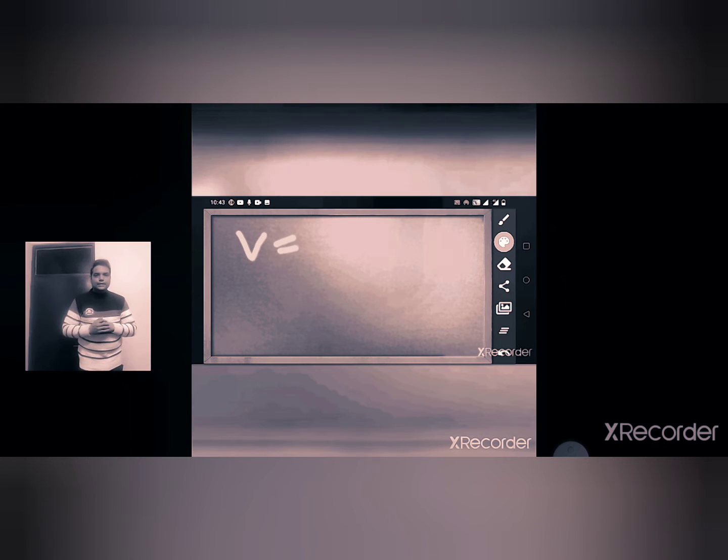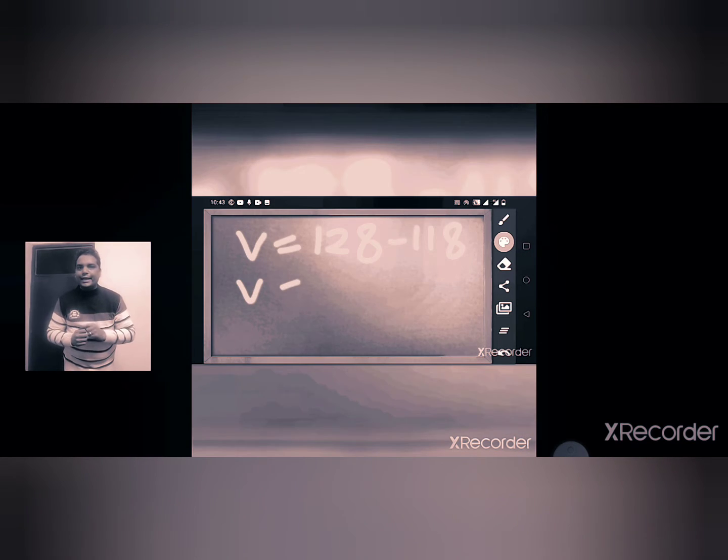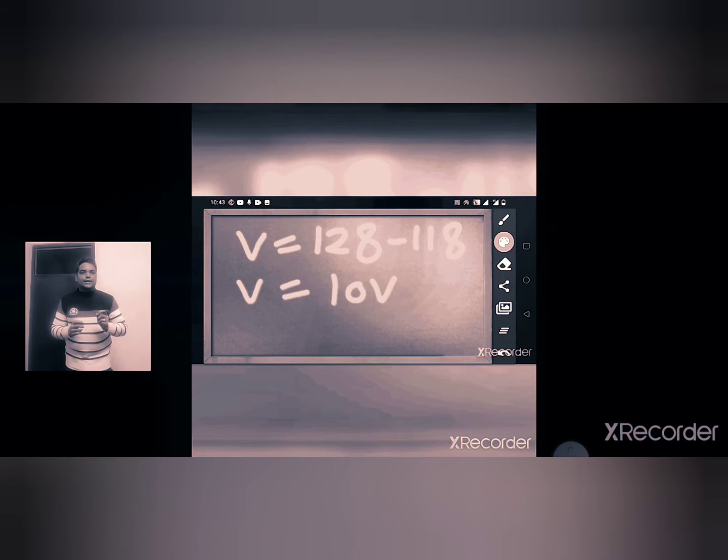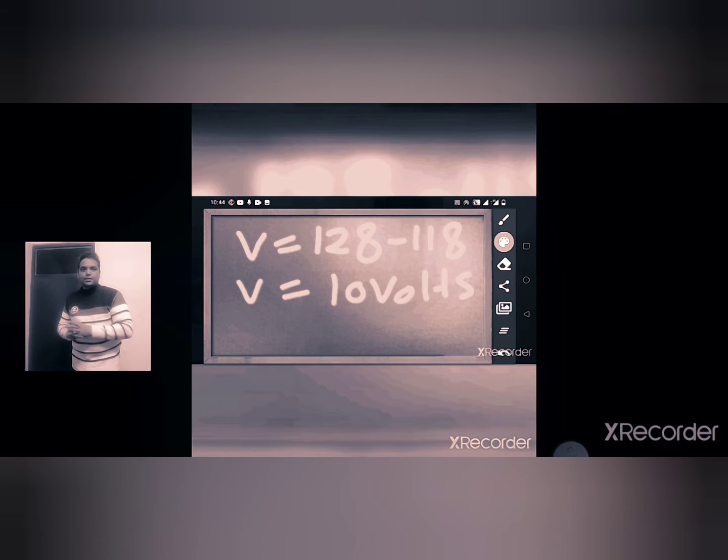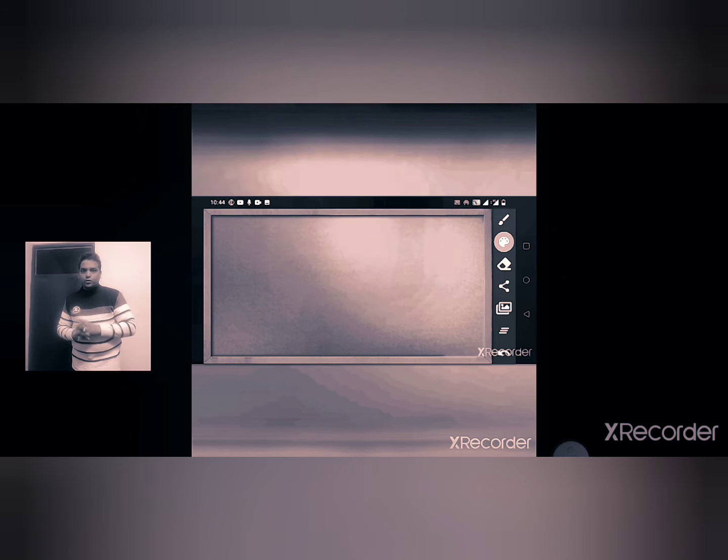Now we have to find the potential difference across the two potentials, that is 128 minus 118. So what will we get in the answer? We will get 10 volt. After finding the voltage, we have the charge, that is Q is equal to 2 coulombs.